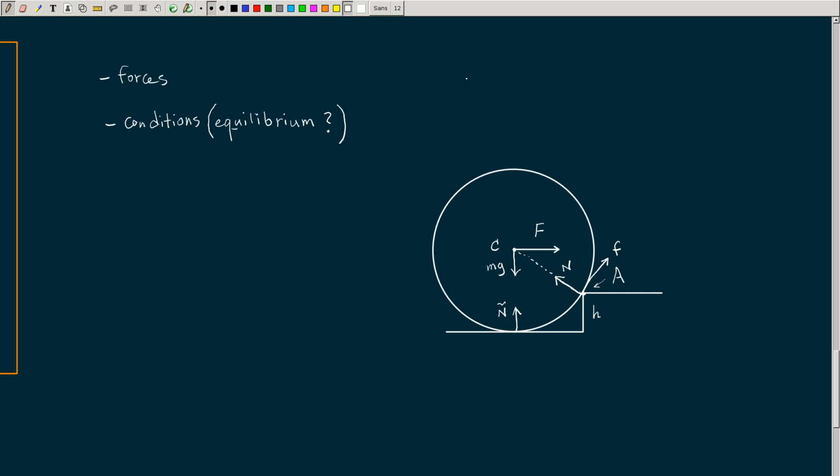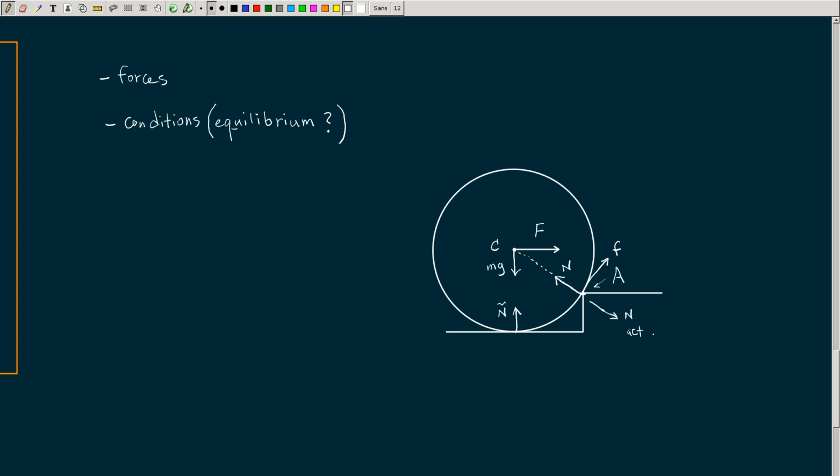So what I did in the class was this. Let me raise this edge. Because there is a force that this singular edge is acting on the wheel, there is an opposite force, N, which acts on the ground.